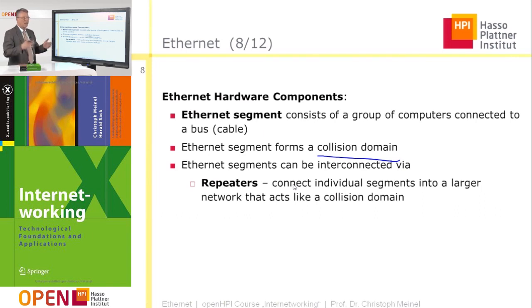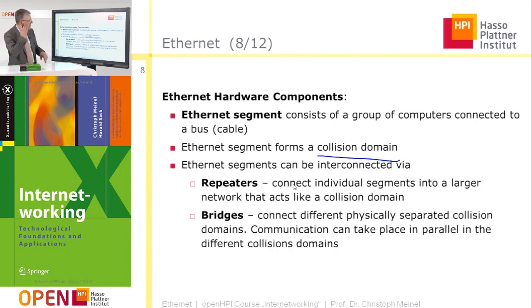They only refresh signals. Another hardware for the Ethernet technology are bridges. Bridges may be used to interconnect such separated collision domains, but after interconnection, the collision domains remain separated. So the bridge checks whether a packet that is broadcast in this Ethernet segment really needs to be transferred also into the other segment.